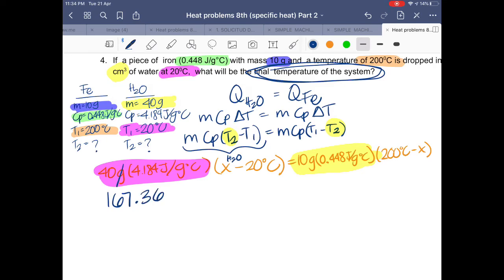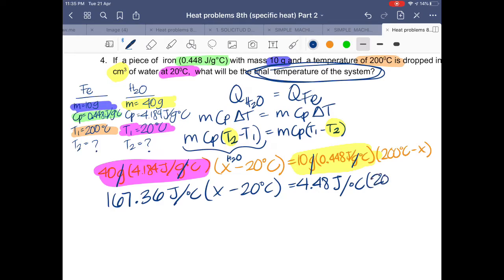You cancel grams with grams, so you have joules over degrees Celsius times x minus 20 degrees Celsius equals 4.48. You cancel grams with grams, joules over degrees Celsius times 200 degrees Celsius minus x.